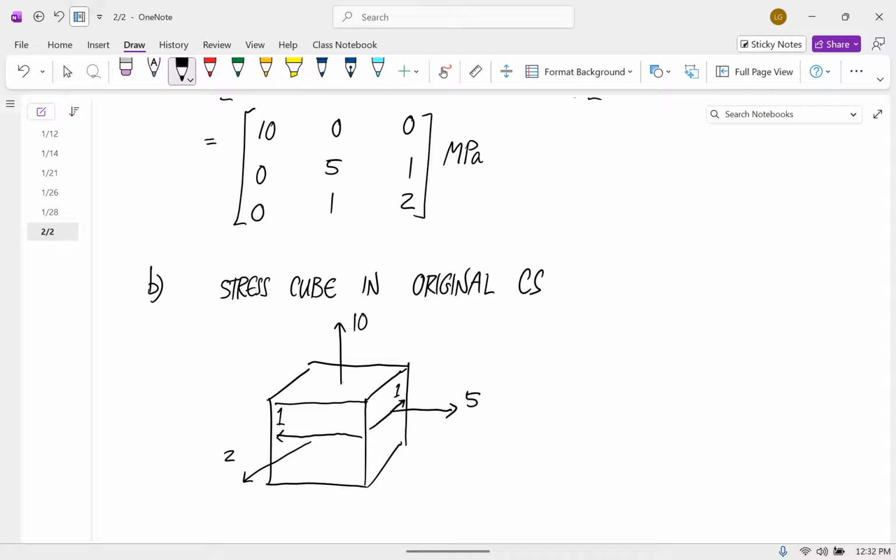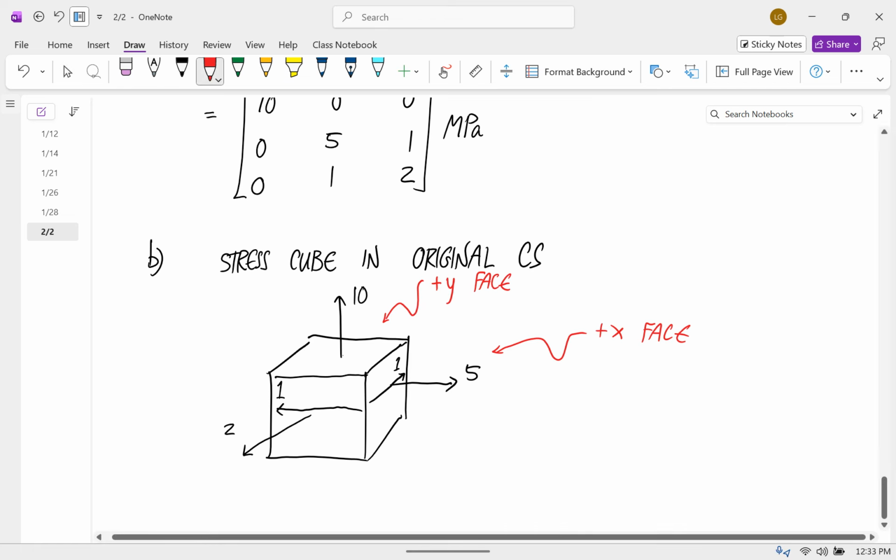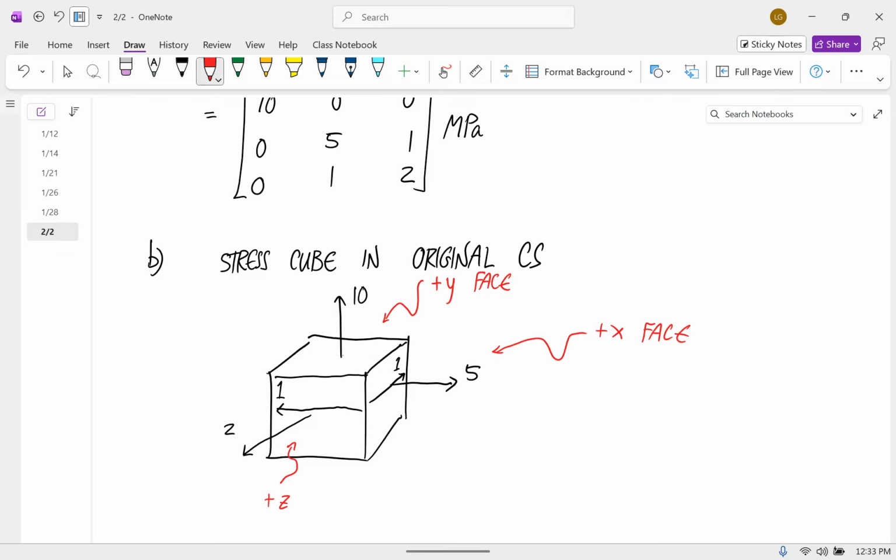Okay, so this is the positive X face. This is the positive Y face. And this is the positive Z face. Okay, so now I'm going to draw the stress cube for the new coordinate system.